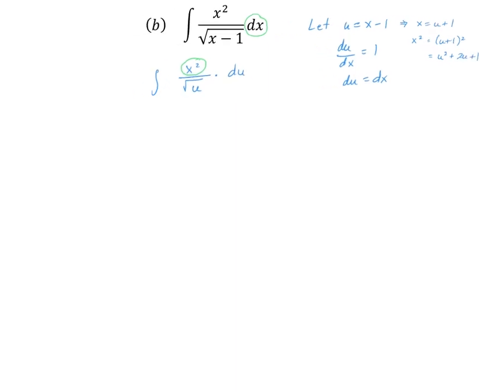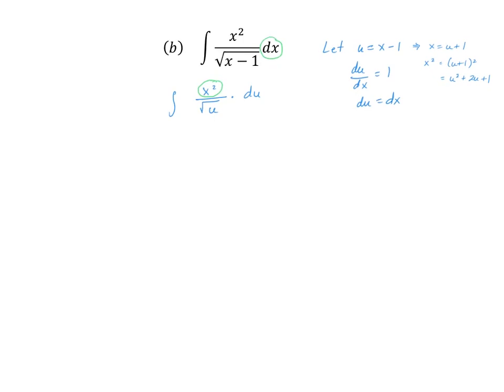So what I can do inside my integral is I can replace the x squared with u squared plus 2u plus 1. And remember, this is all over the square root of u, which I'm now going to write as u to the 1/2. Everything is now in terms of u. However, it's still a quotient in my integrand.